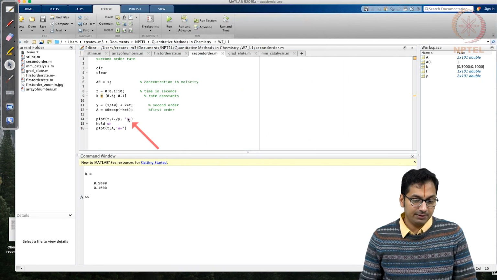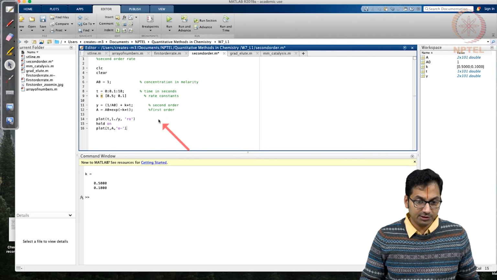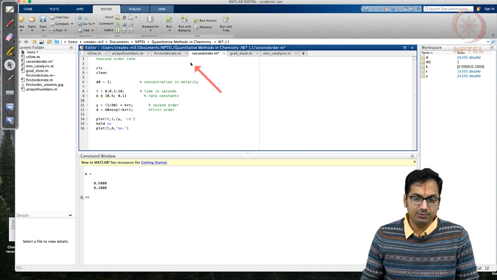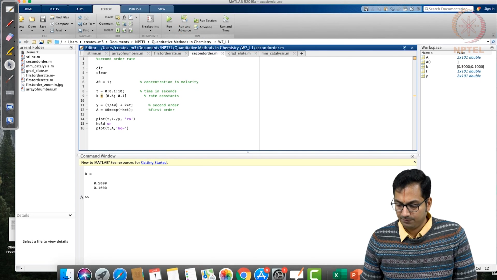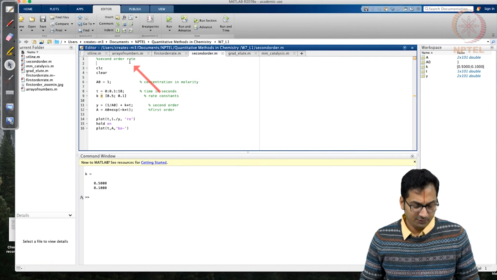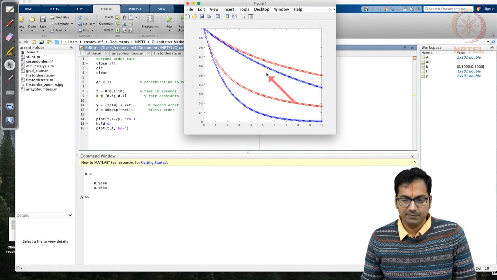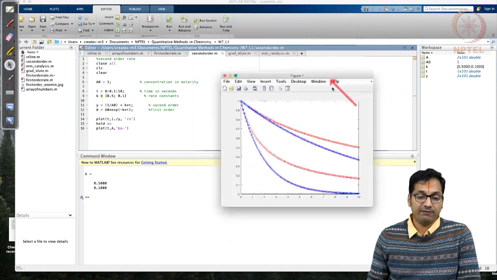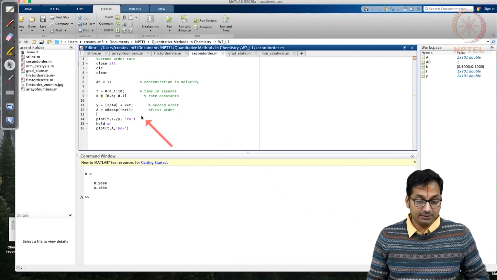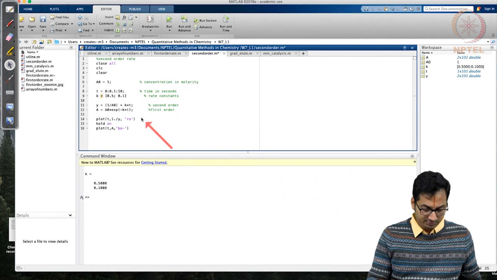We can actually make it red so that we can distinguish. We can make it blue. Not be a bad idea to add close all here. There you go. So we know for a fact right now that this is a second order plot.